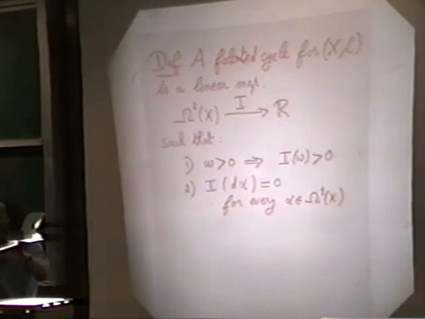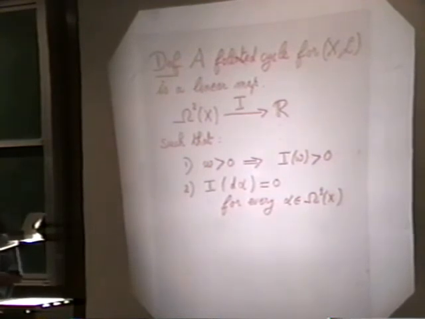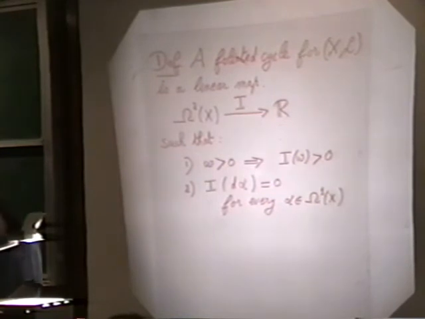If you have such a foliation cycle, somehow your lamination looks very much like a compact Riemann surface. Of course, the question is to know if this kind of object exists. And there is a description of them, which is also due to Sullivan.